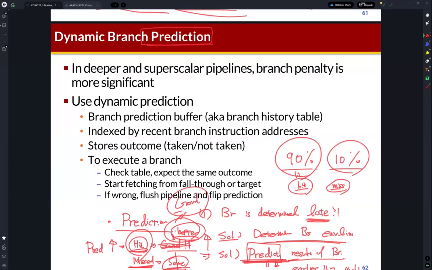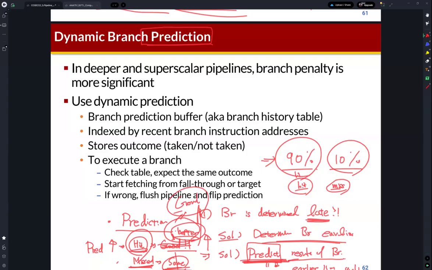So if we apply some prediction technology for branch instructions, then for the hit case it's better, we waste fewer cycles. If it's missed, the penalty is the same. In this case, we can apply the prediction technology in the pipeline architecture, right?